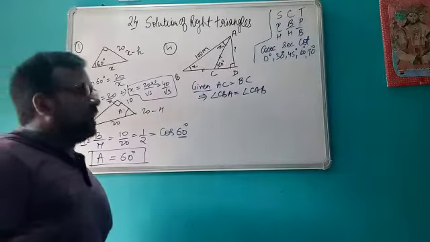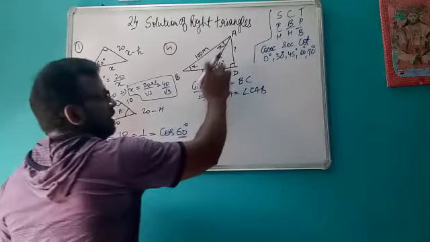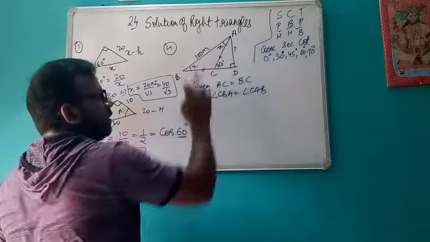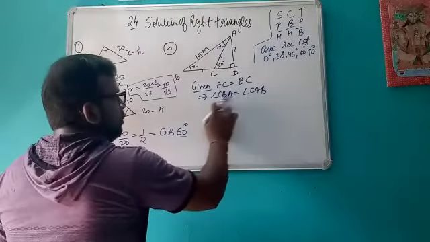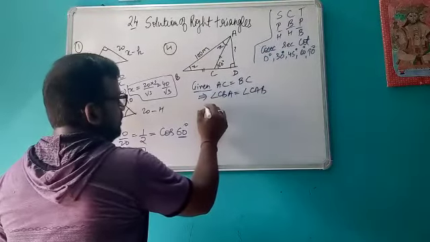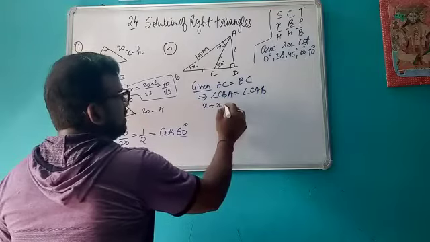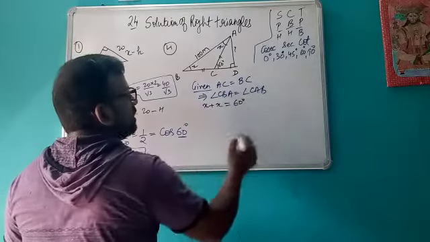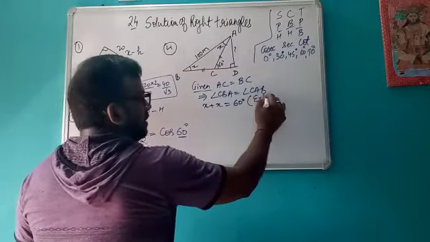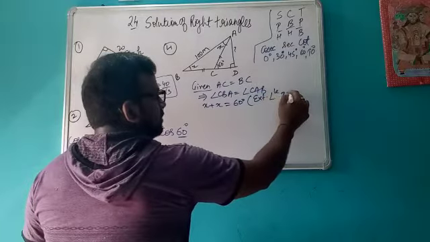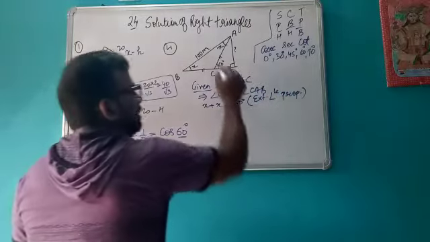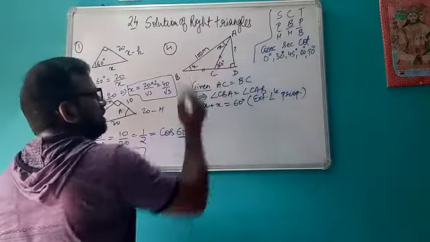In an isosceles triangle, if opposite sides are equal to each other, then the opposite angles are also equal to each other. So we will use one property, that is x plus x is equal to 60 degree. Why? This is the exterior angle property. Exterior angle is equal to the sum of opposite interior angles.